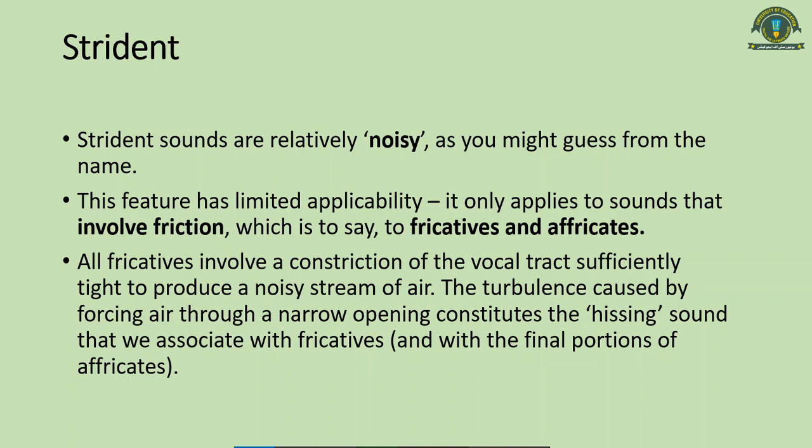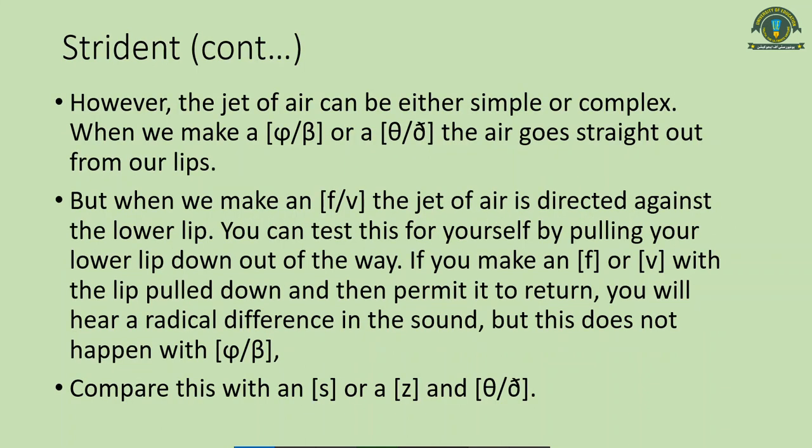Both of these are strident sounds. All fricatives involve a constriction of the vocal tract sufficiently tight to produce a noisy stream of air. This disturbance caused by forcing air through a narrow opening constitutes the hissing sound. When you produce fricatives and affricates, you leave a very small passage for the air to escape, which causes turbulence in the airflow and results in a noisy sound.